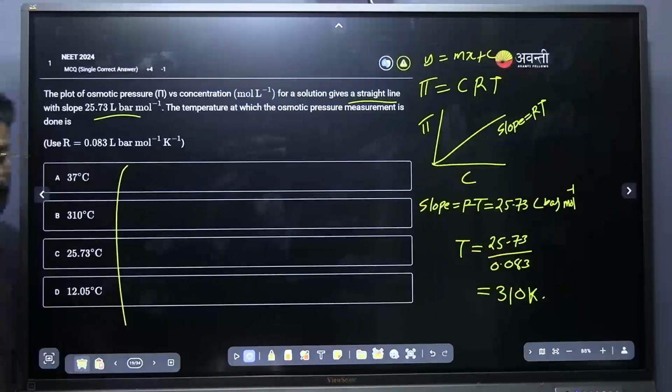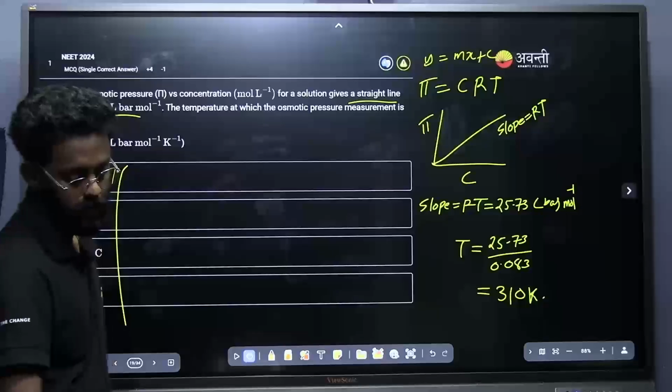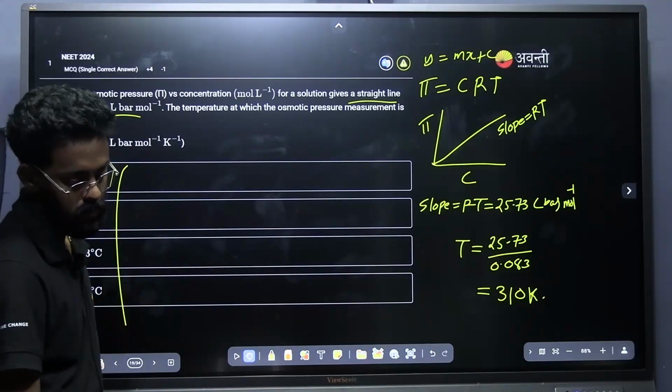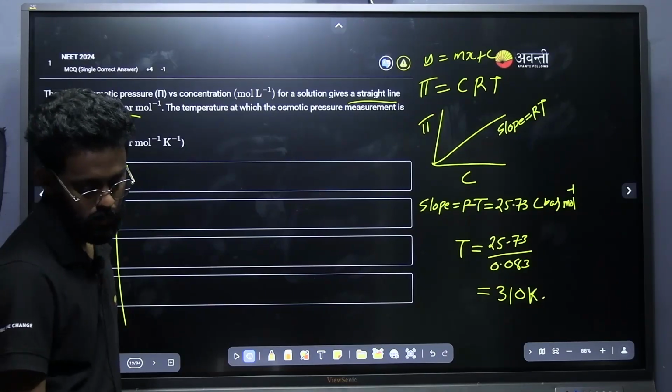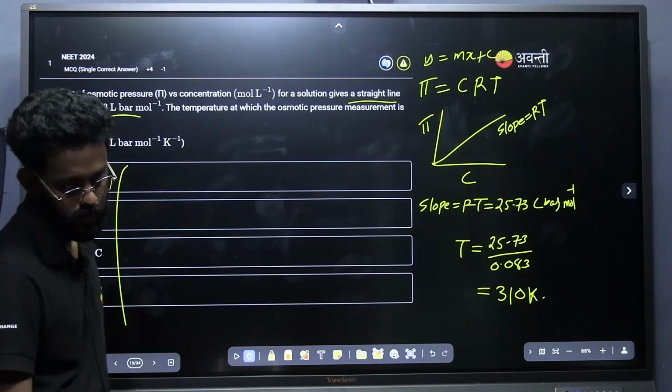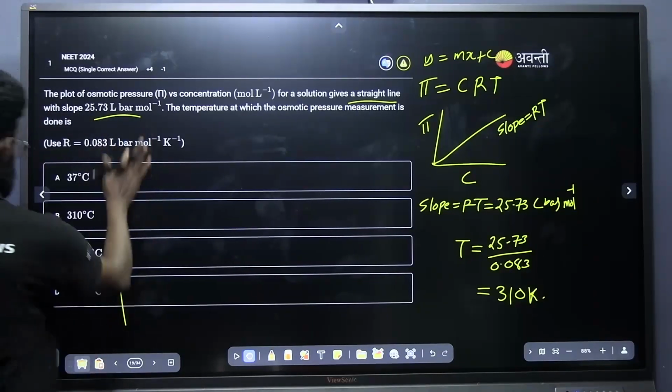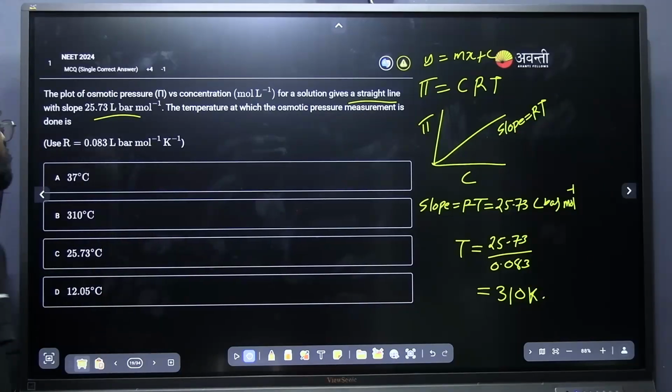And 310 Kelvin is how much? Here the answer is given as 310 Kelvin, not degree Celsius.